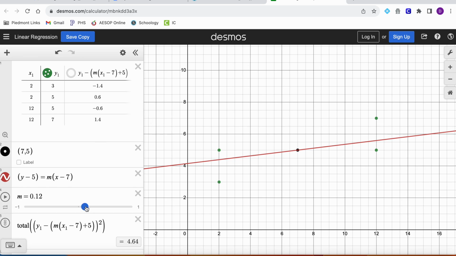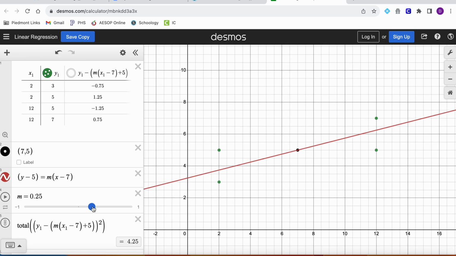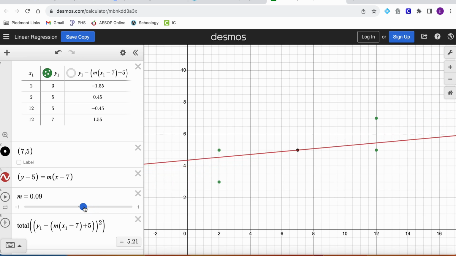In fact, anywhere I move along in here, if I stop anywhere and look at the 4 residuals, I'll see that I always end up with a set of opposites. So unfortunately, using the sum of residuals is not the way to find the line of best fit.